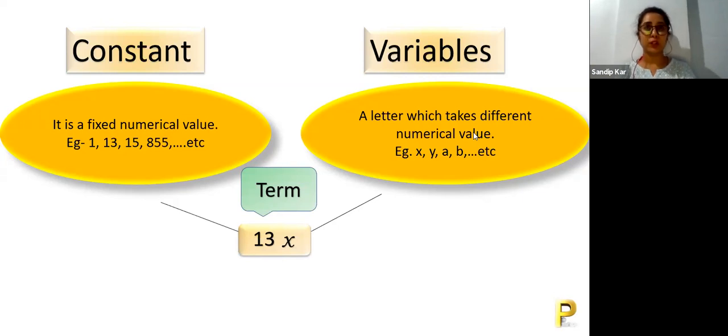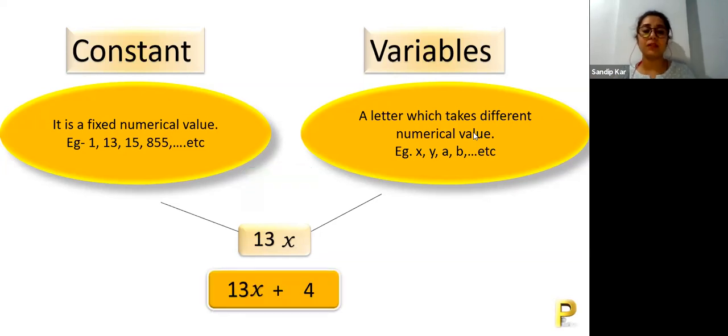Like a group of letters and words makes a sentence, when we have a constant and a variable, it makes a term. Here we have an example, 13x plus 4. 13x is a term and 4 is also a term. In this case the variable is not present, but we still have a constant, and even then it is considered a term.